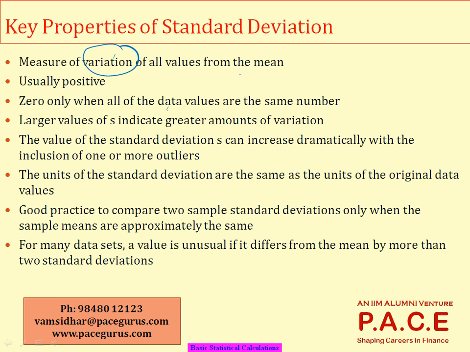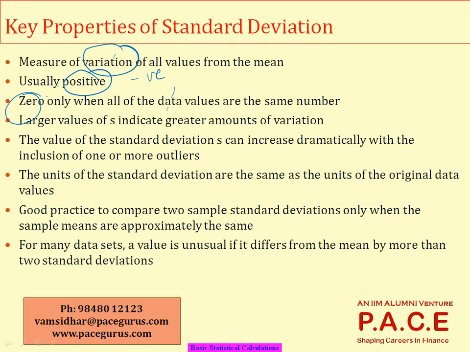So it's an average deviation of all the values from the mean. Generally it will be positive, it can never be negative. It can be 0 in some cases, provided all the values are the same number.